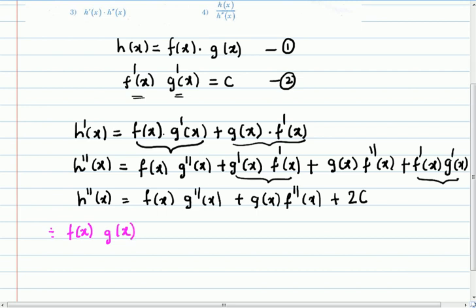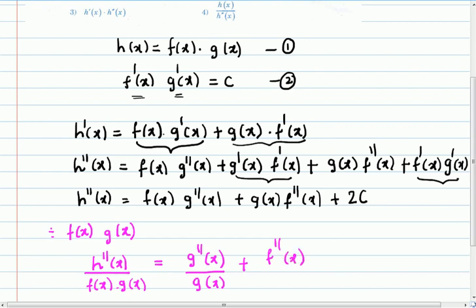What you can observe, h double dash of x divided by f of x into g of x must be equal to g double dash of x divided by g of x, because f of x gets cancelled, and here we'll get f double dash of x divided by f of x, because g of x gets cancelled, and here we have as it is 2c divided by f of x into g of x.